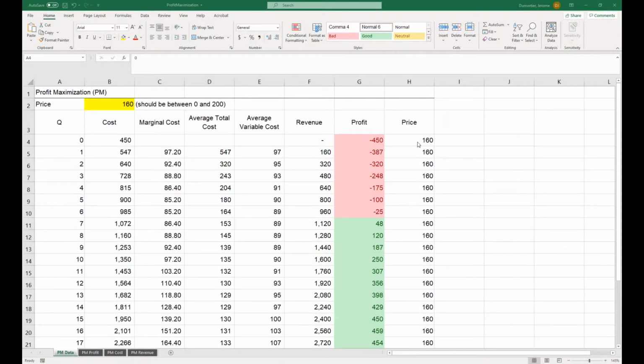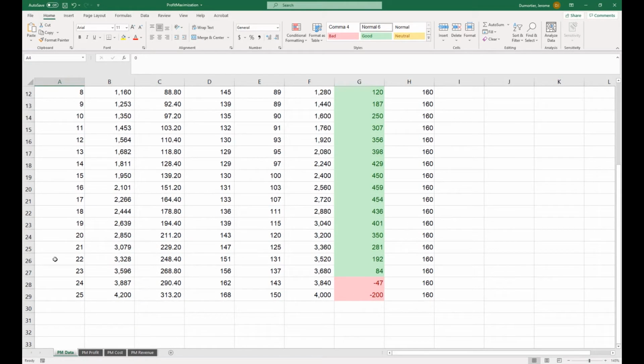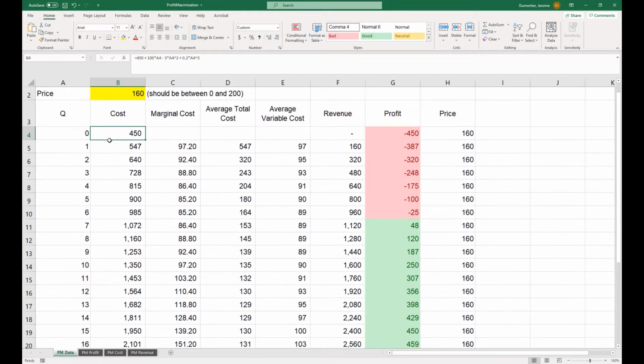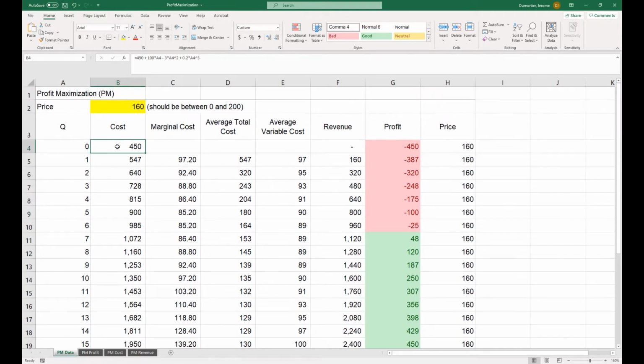Consider this Excel sheet where in the first column here we have Q, which is the output quantity, and this goes from 0 all the way to 25. Now, in the second column, we have the cost. And note that the cost function here represents the function I have given you before, in the sense that it is $450 of fixed cost plus 100 times Q minus 3 times Q squared plus 0.2 Q cubed.